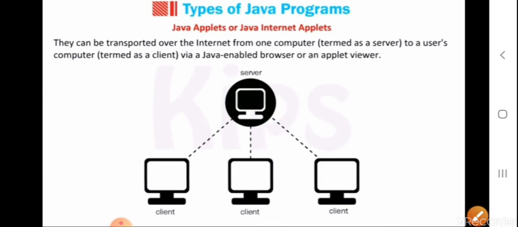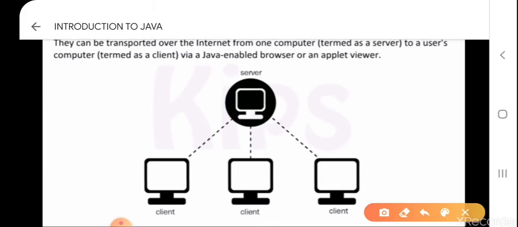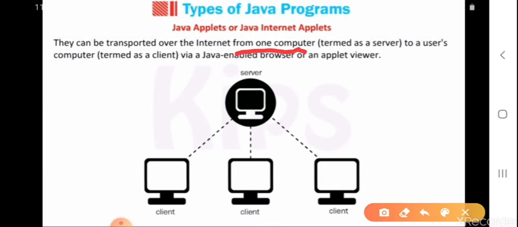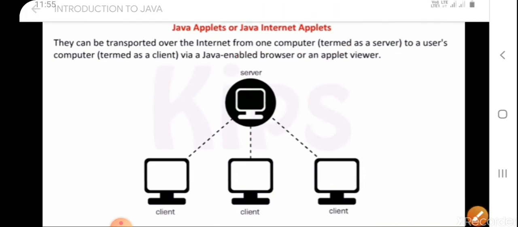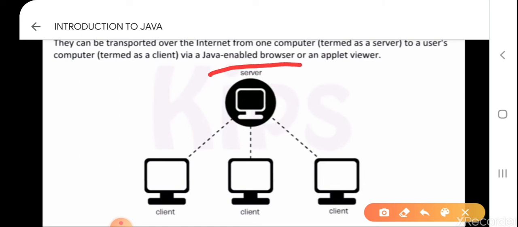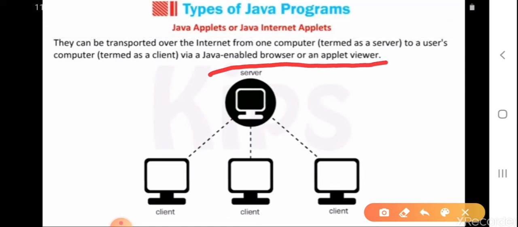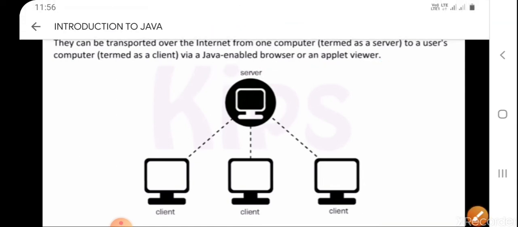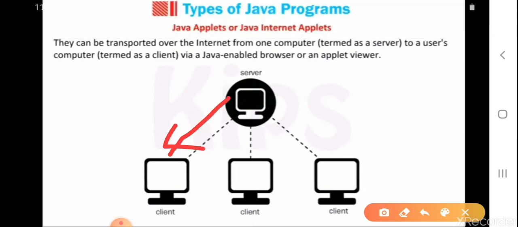Java applets can be transported over the internet from one computer, which is known as server, to the user's computer, which is termed as the client, via Java enabled browser or an applet viewer. So Java applications can be transferred from the server computers to the different client computers.